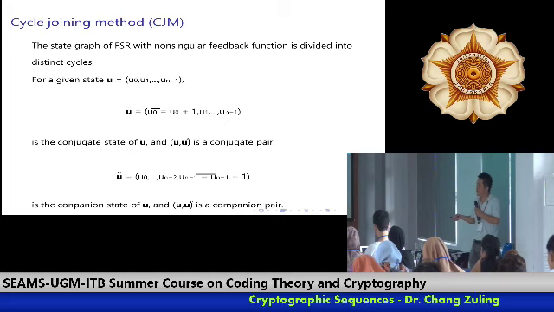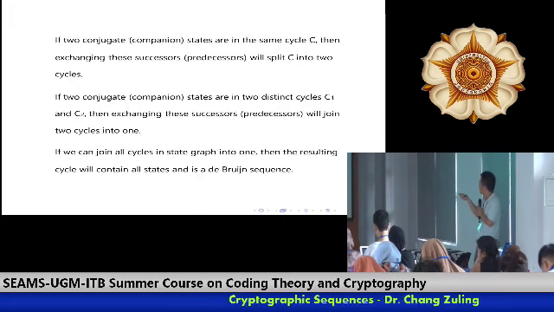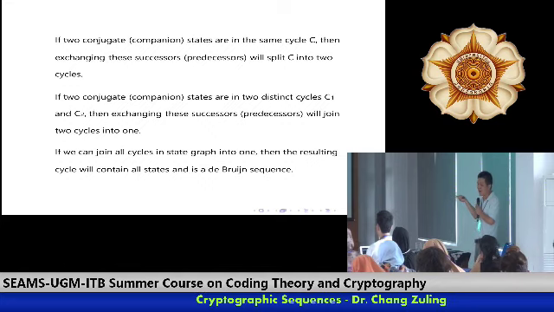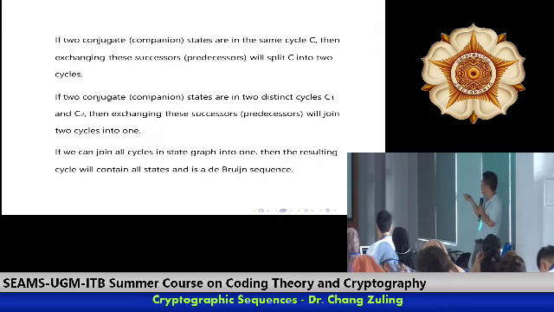So if two conjugate states are in the same cycle, then exchanging their corresponding successors will split a cycle into two cycles.